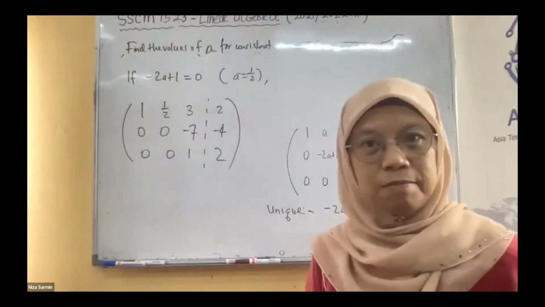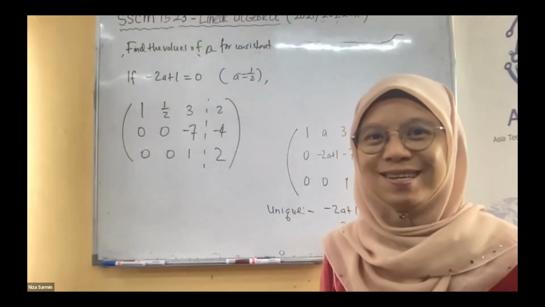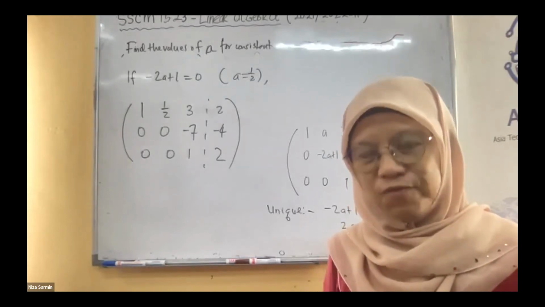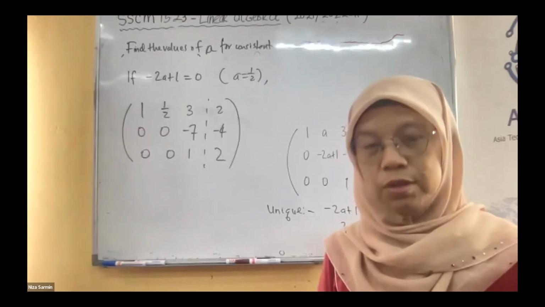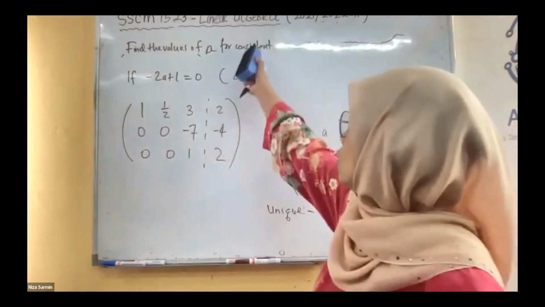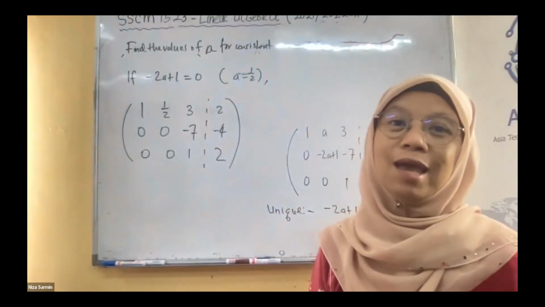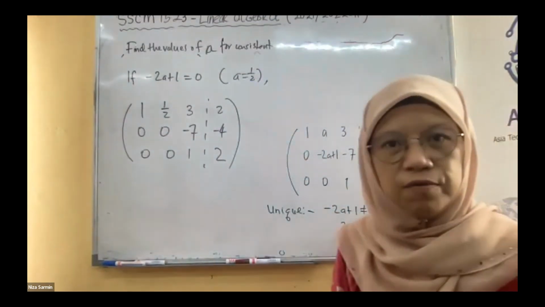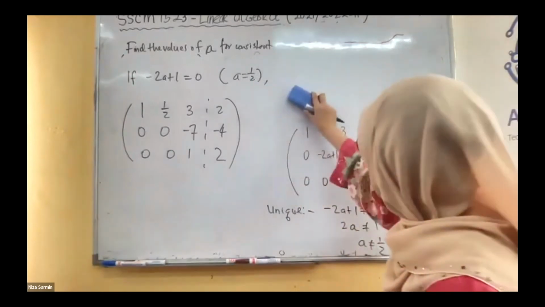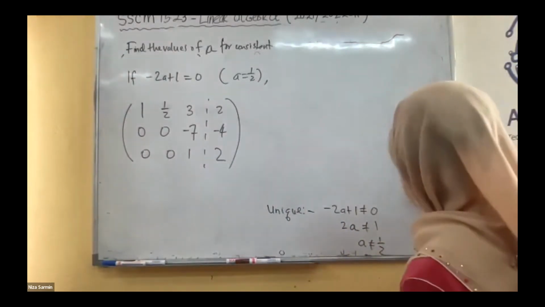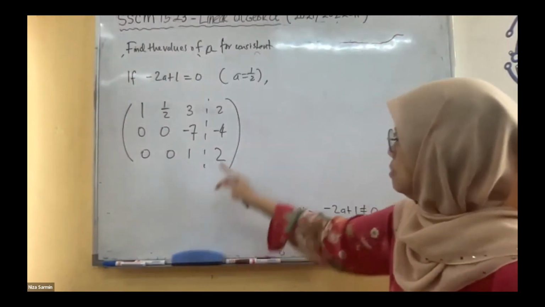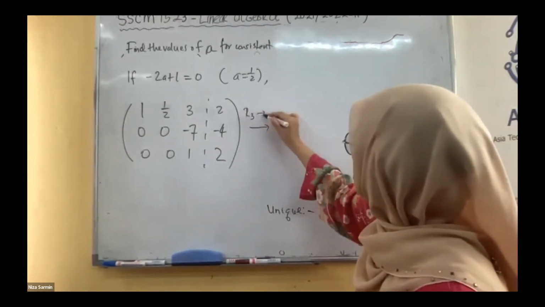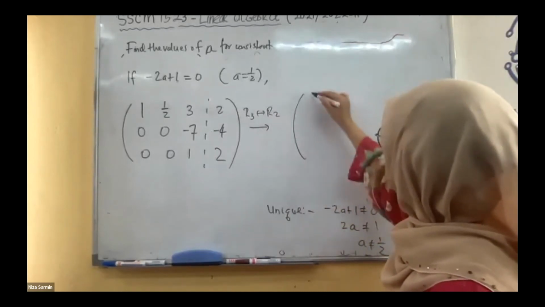Because if it's many solutions, it's still consistent. So the A can be any number, yeah? If there is a row of zeros, many solutions means consistent. So at the end, A can be any number. But let's see. I will erase. One more, yeah? Row 3 and row 2.